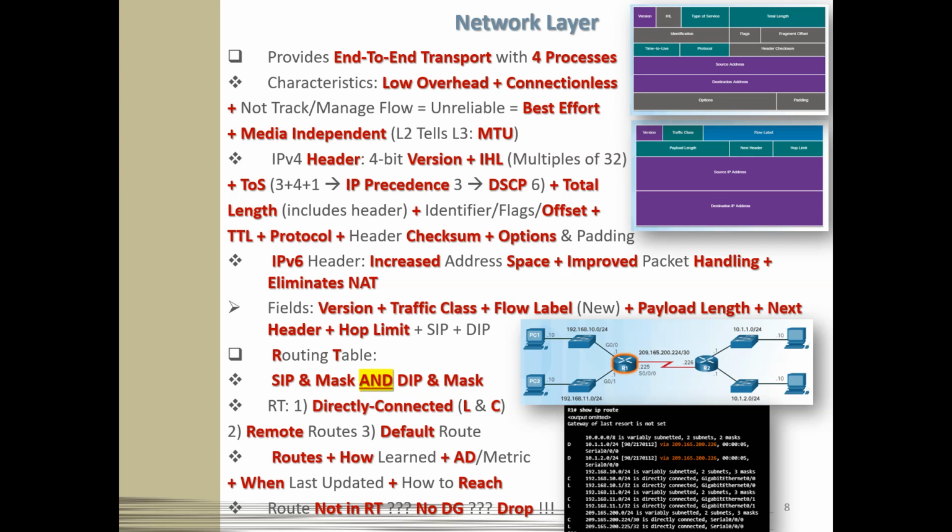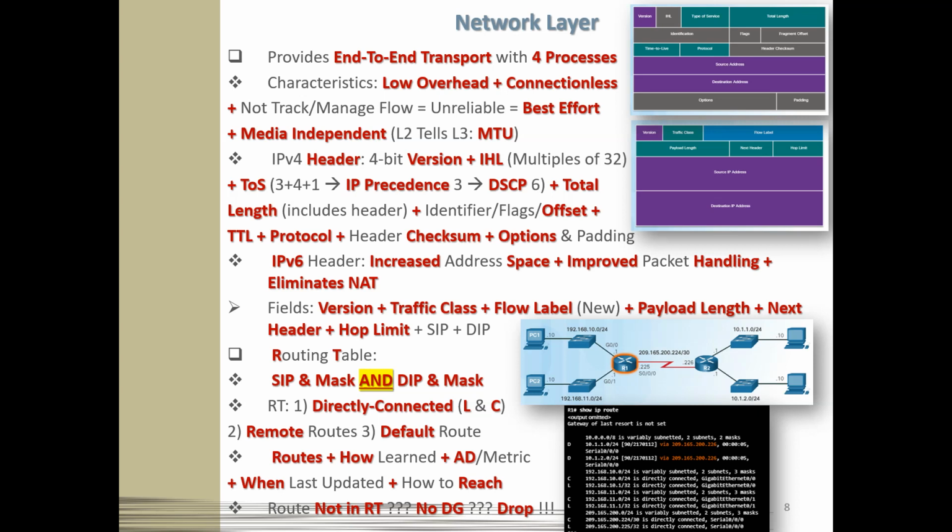And the third group is the default route that can be seen on the routing table. This is where the packet is sent when a route does not exist in the routing table. In other words, if we don't have information for the remote network in our routing table as routers, then we use the default route.